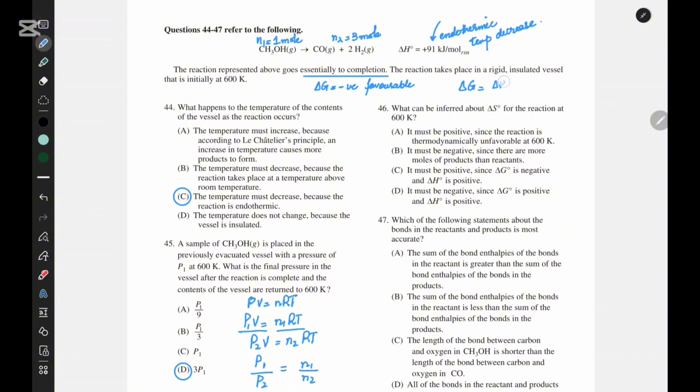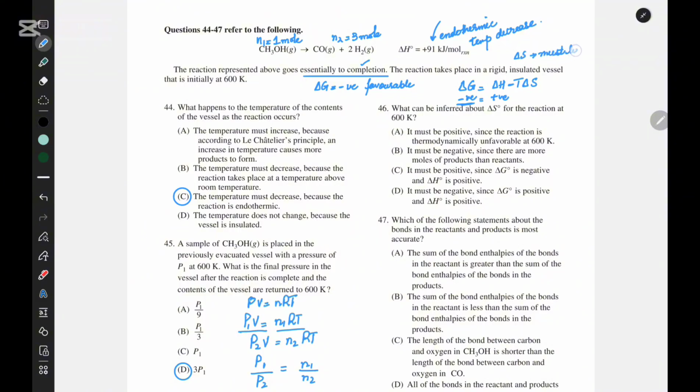So ΔH minus TΔS, we know the reaction is favorable, that's why it is going to completion, so ΔG is negative. And as we know, enthalpy is positive there, so entropy change must need to be positive to make ΔG negative. Okay, entropy change must be positive.